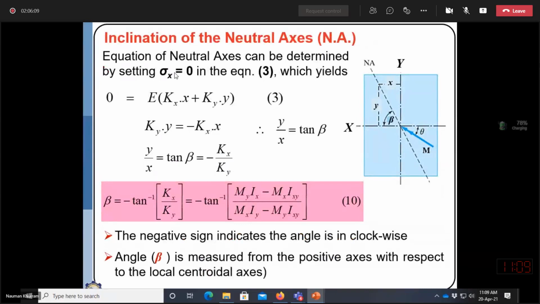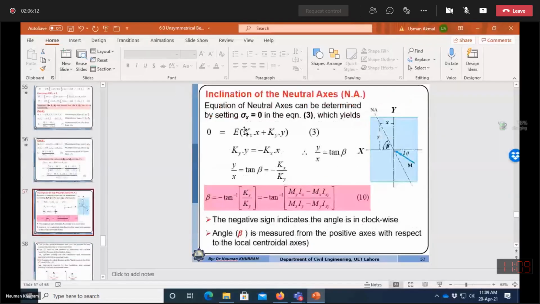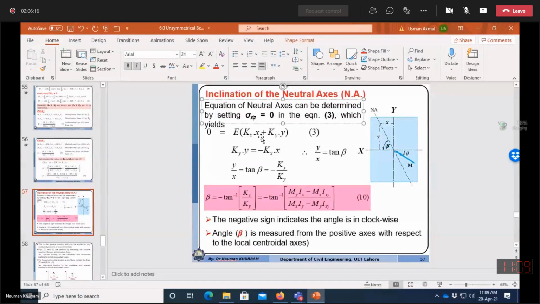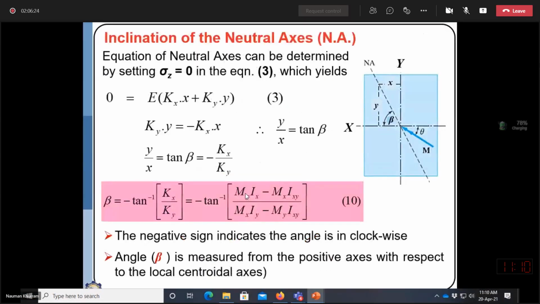We will substitute sigma z equal to 0. After substituting 0, we can bring this parameter to the other side, and it will become negative. y over x will be equal to minus kx over ky.